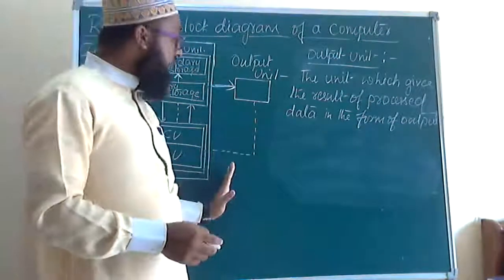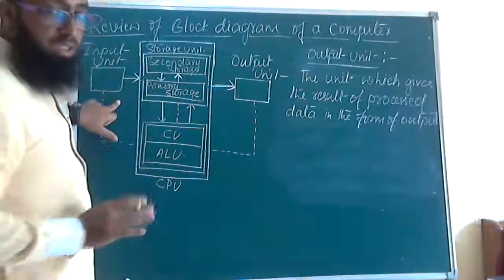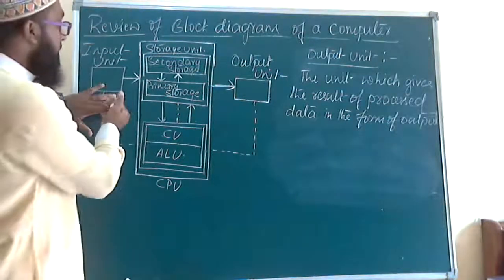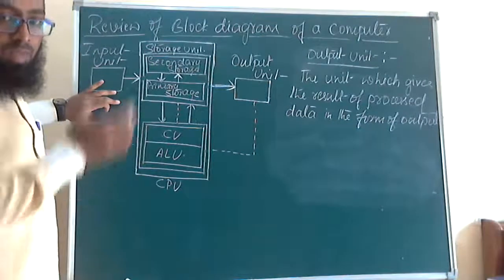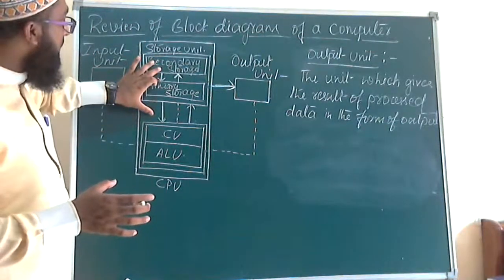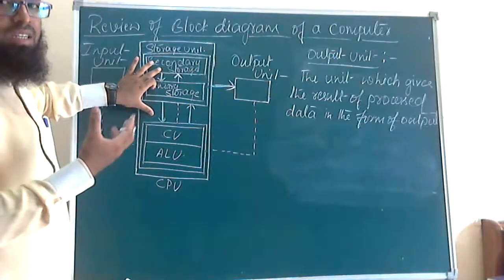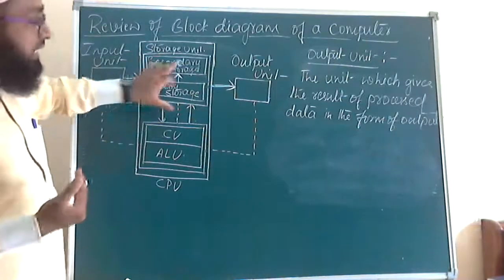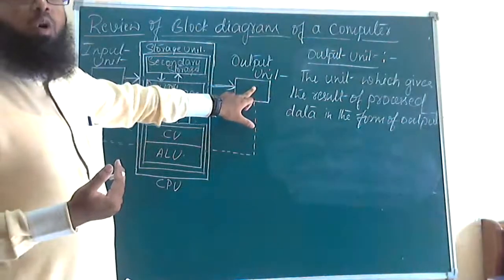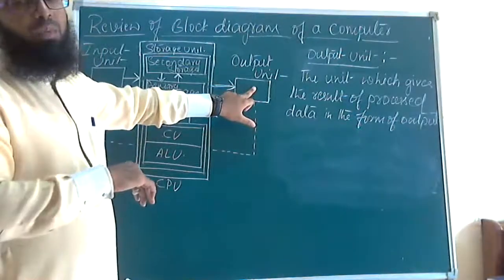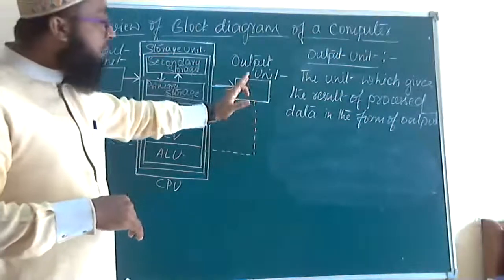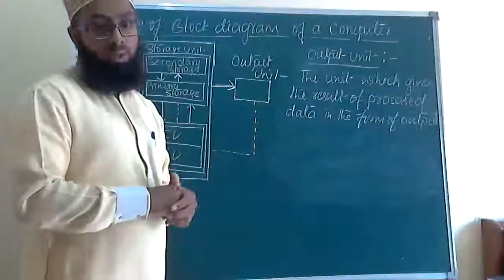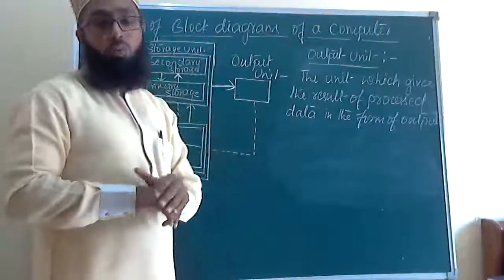When we give data from the input unit to the computer, it will process the data. Processing means, just say we have typed a letter, and the typing process is done inside the computer, inside the CPU, and it is visualized on the monitor. After completing the typing of the letter, we can take its output as a printout, that is the hard copy, or we can see it on the monitor as the soft copy.